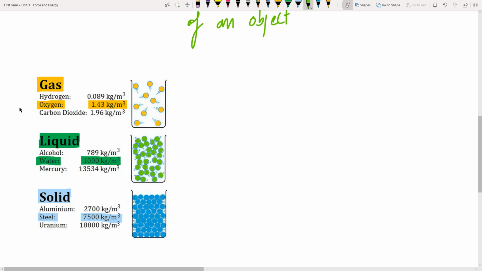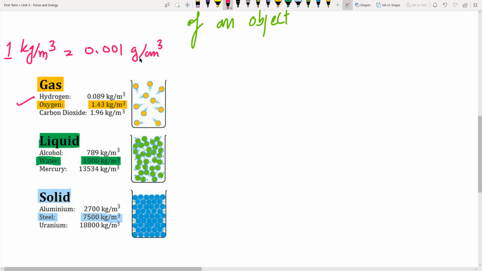Now I've marked out three of these important ones. For example, over here you have oxygen, which we breathe. It has a density of 1.43 kilograms per meter cube, or you could say it's 0.00143 grams per centimeter cube. So for conversion, 1 kilogram per meter cube is equal to 0.001 gram per centimeter cube.